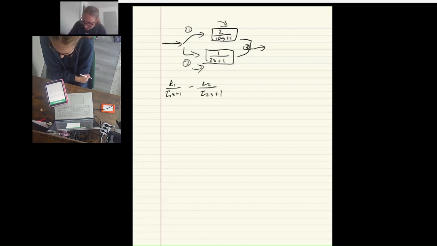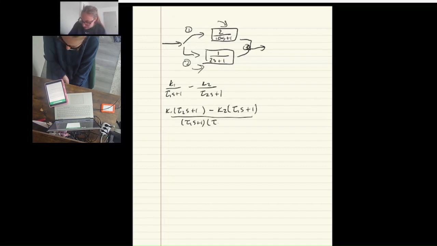So it's going to be k1 times tau 2 s plus 1 minus k2 times tau 1 s plus 1, all over tau 1 s plus 1 times tau 2 s plus 1.